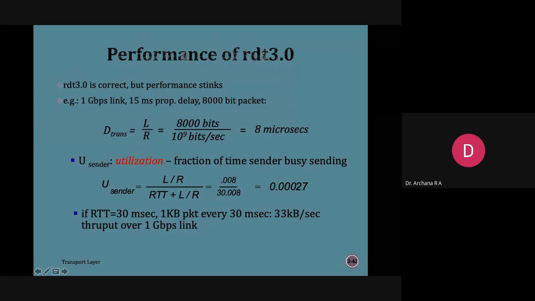So now what is the utilization factor? If you perform the division, what is the utilization factor for the sender to send the packet of 1000 bytes?